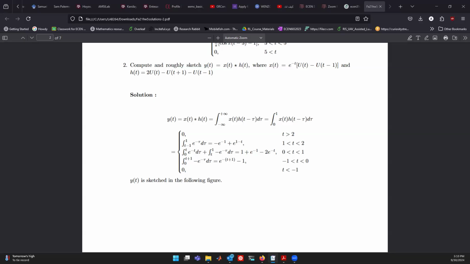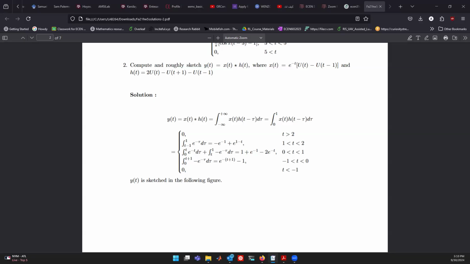Now, if t is between 1 and 2, larger than 1, less than 2, we will have a partial overlapping with this part.